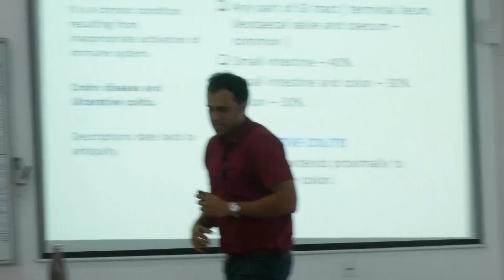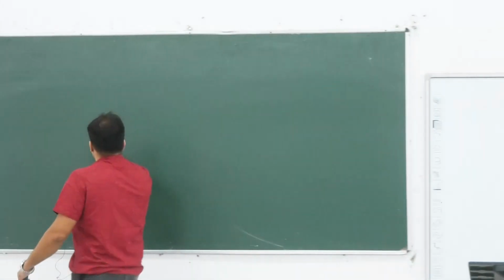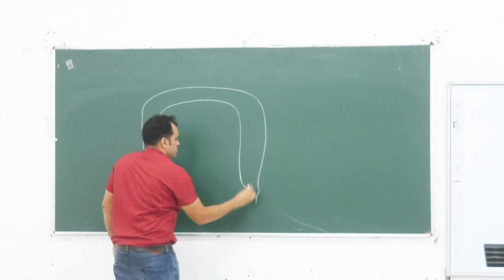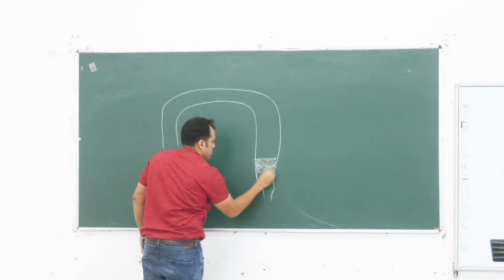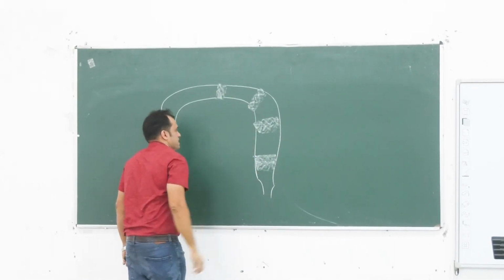What is meant by skip lesions? Suppose this is an intestine. You may not get a continuous involvement.